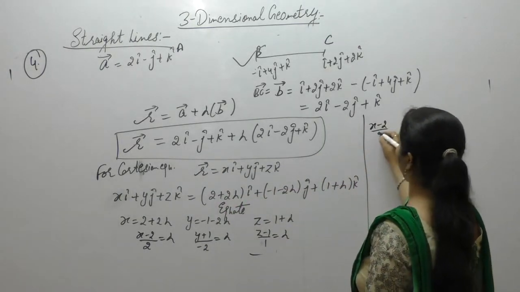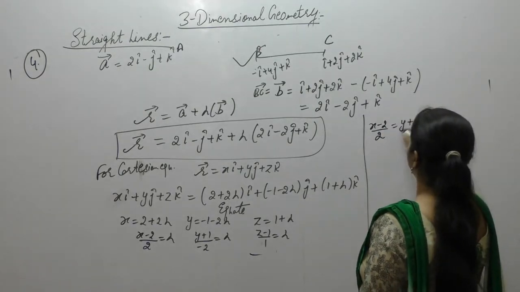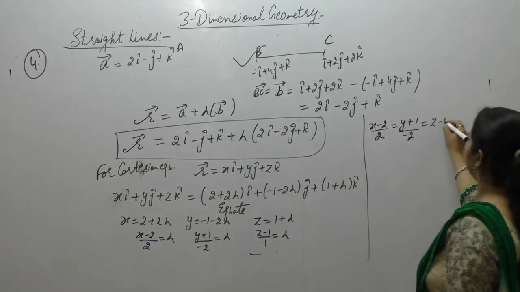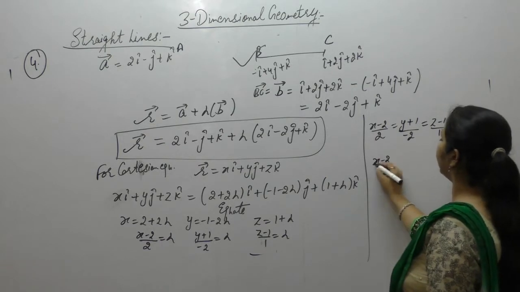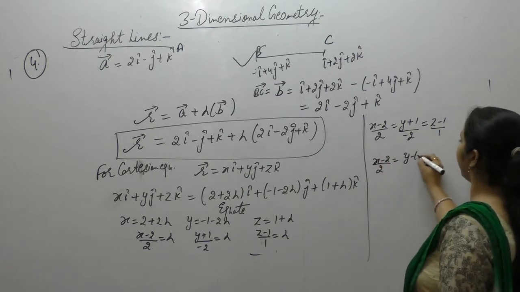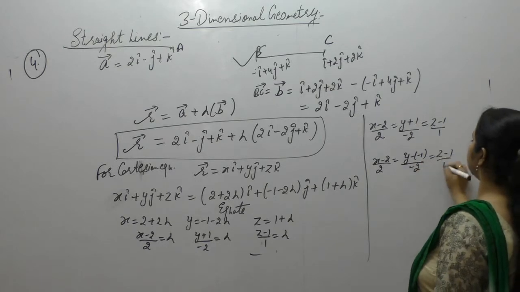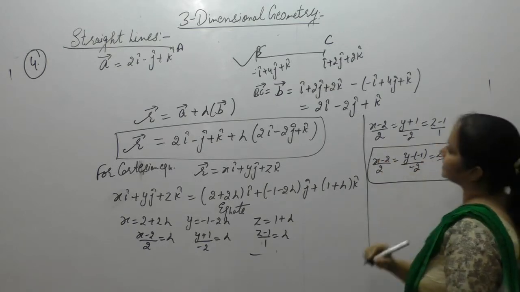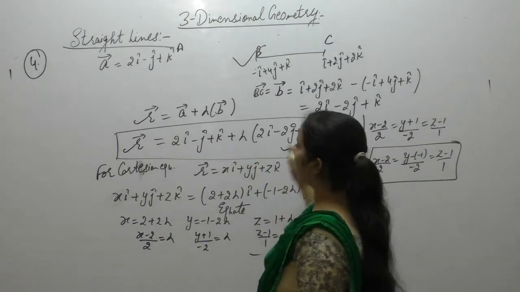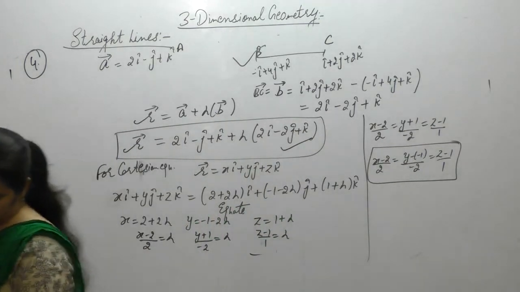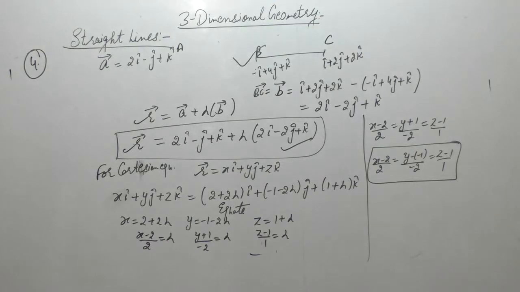We can write it as (x minus x1) upon a, (y minus y1) upon b, (z minus z1) upon c. So this is the Cartesian equation, the Cartesian form.